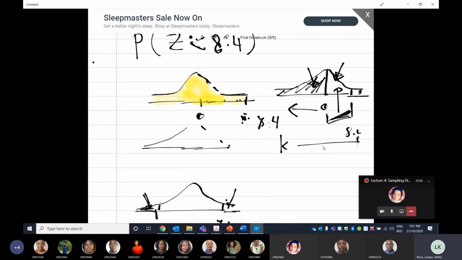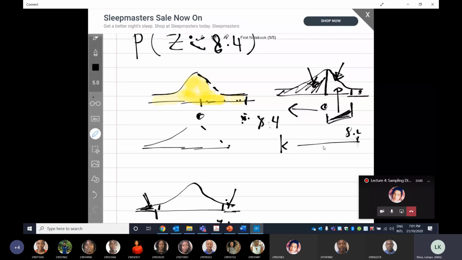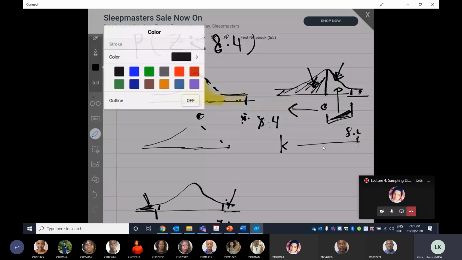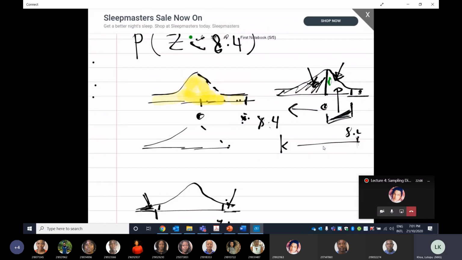So let me say that again. I should shade them, then it's easier. See this green area over here? The green area is equal to 0.5 minus the unshaded area over there.